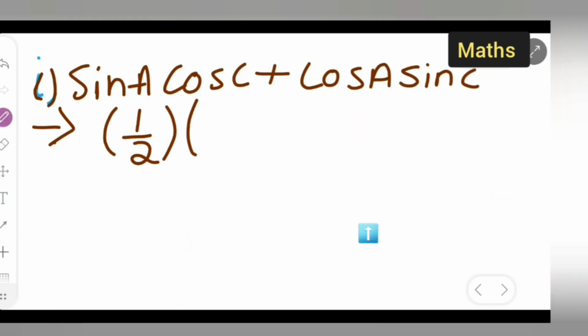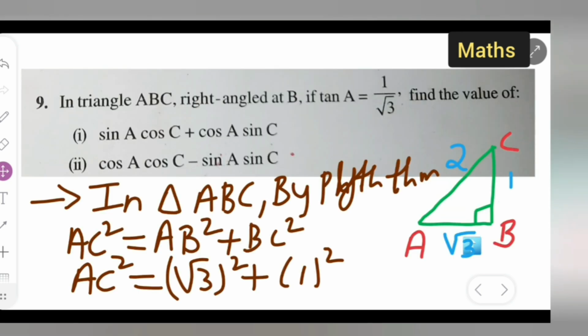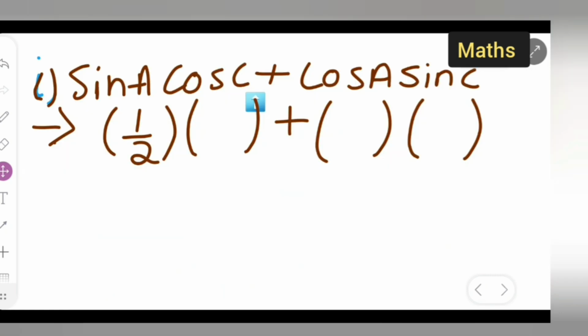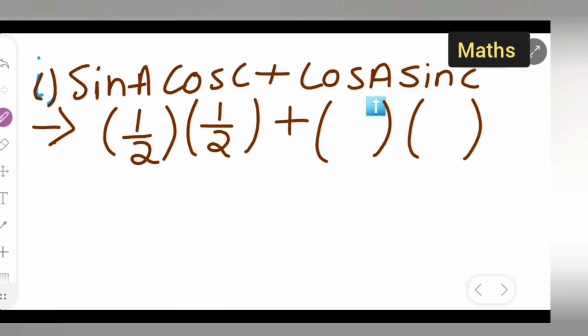Cos C means adjacent of C, which is CB, so it will be 1 upon 2 hypotenuse. So write down 1 upon 2. Then plus cos A. Cos A means adjacent of A, root 3, upon hypotenuse 2. So this is root 3 upon 2.